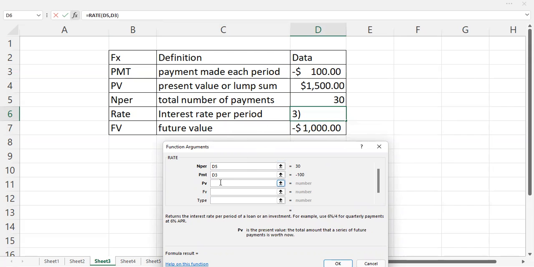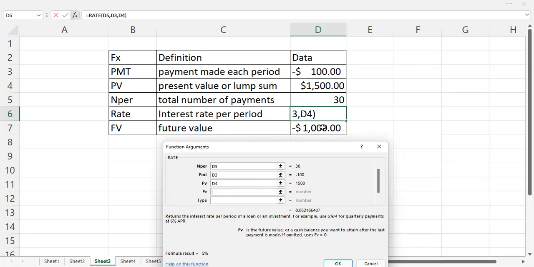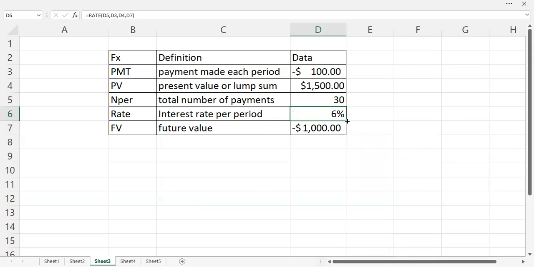Sorry, your present value is 1,500. Just fix that. There you go. And the future value is 1,000. So let me calculate for this. You hit OK. There you go. You have the same answer of 6%.